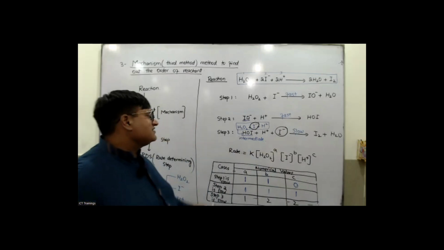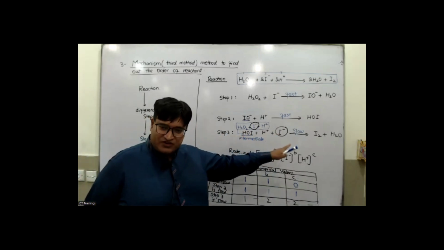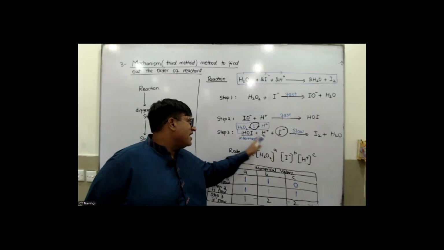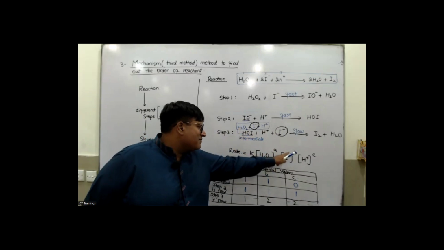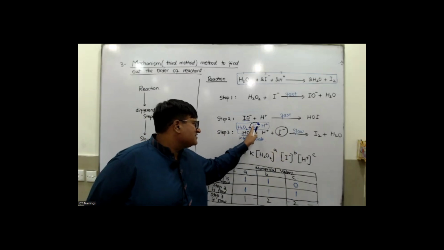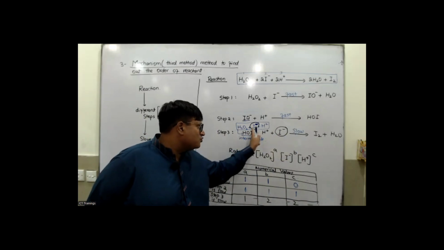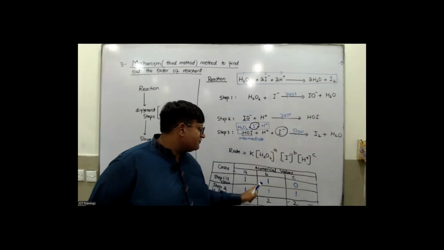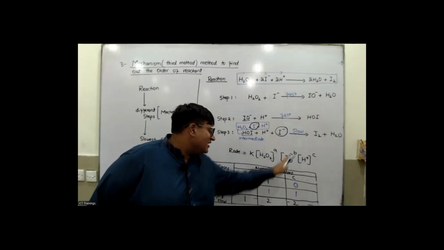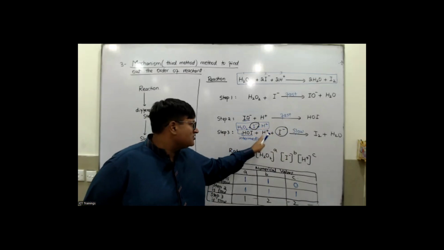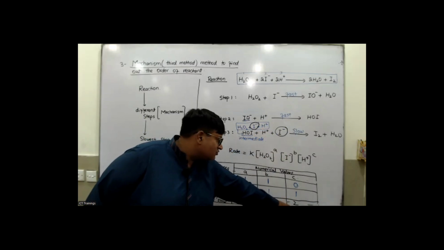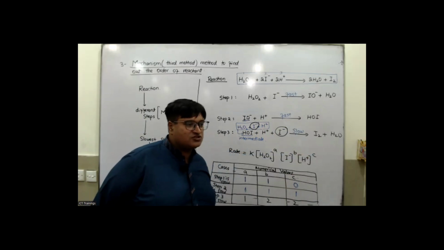So if step 3 is the slowest, A value is 1 because it has 1 mole. I minus is present 2 times, so B value is 2, and H positive is present up here and up here, so we got 2 moles, C is 2.